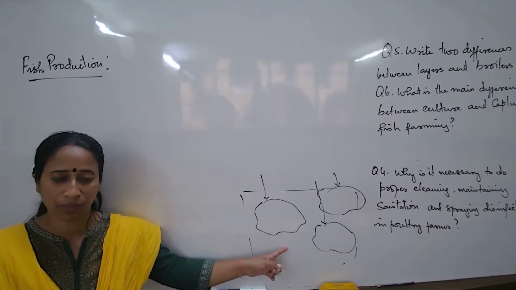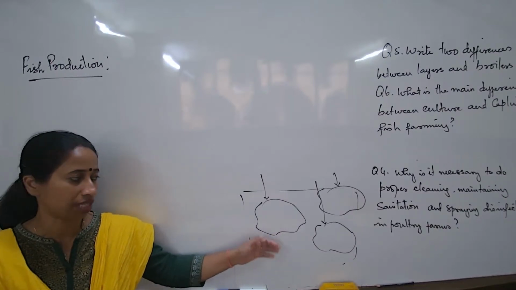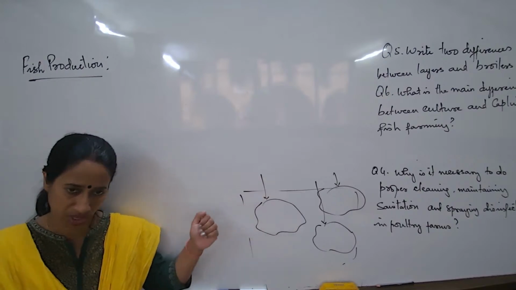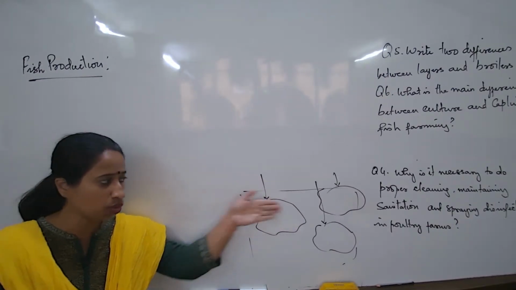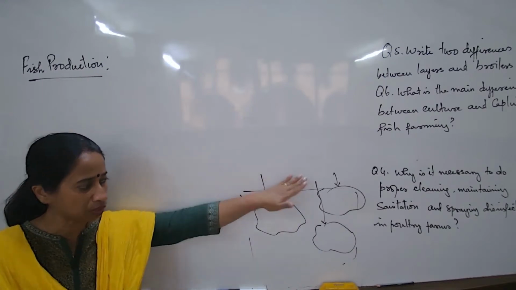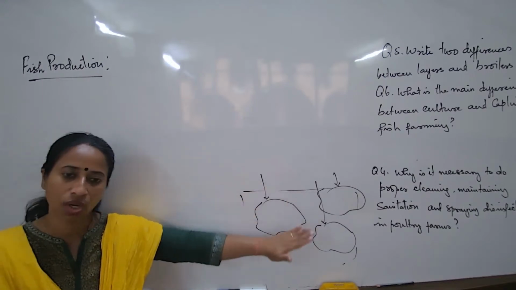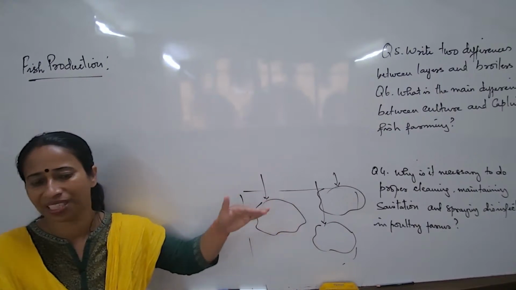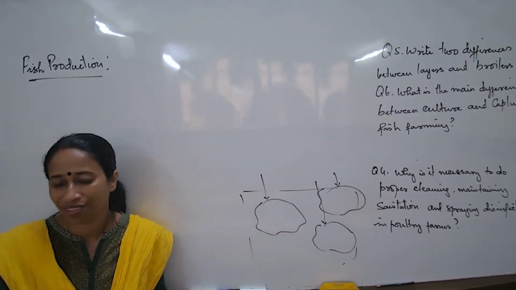Every type of fish is not accustomed to the depth of the water. Some fishes grow only on the superficial layers of the water, some grow a little deeper, some a bit more deep. After a particular depth, the organisms cannot survive.